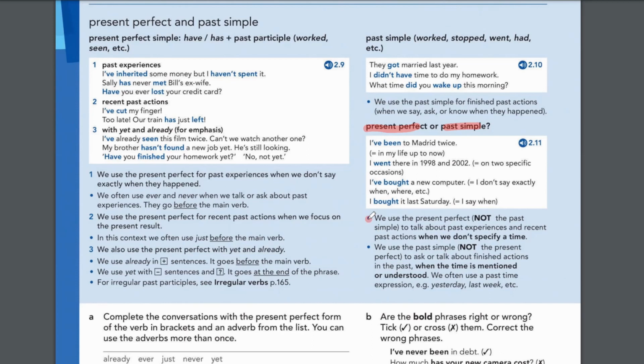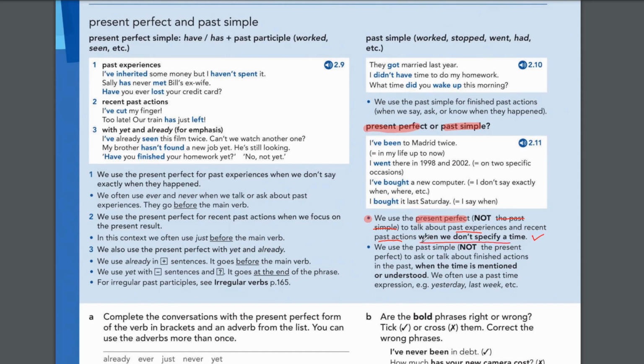Now, the first point here: we use present perfect, not past simple, to talk about past experience and recent past actions. So when you talk about recent past actions or past life experience, when we don't specify time, this is important, guys.